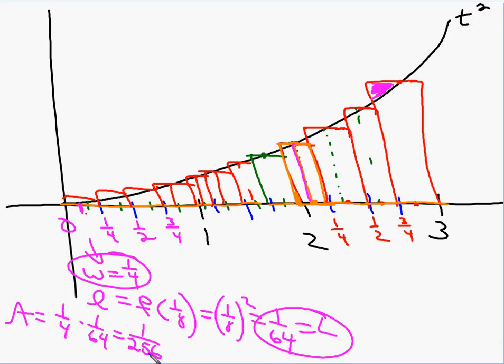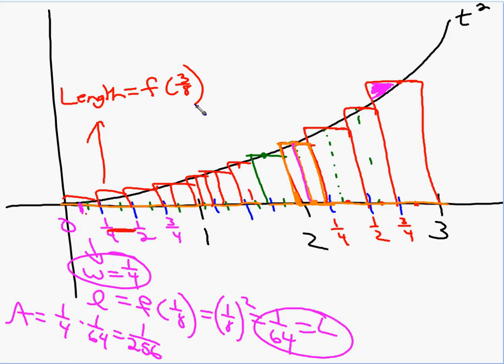Okay? So what would I do at the next one? I'll use red. What would this next midpoint be in between 1/4 and 1/2? 3/8. So for this one, okay, the length would be equal to f of 3/8.